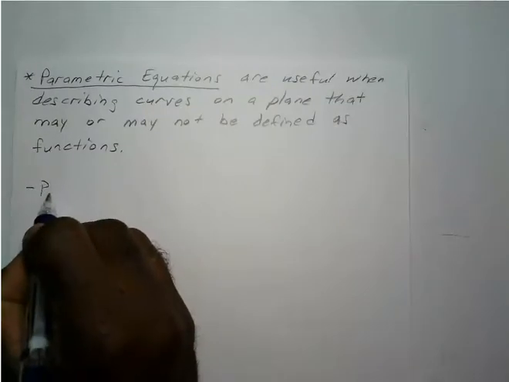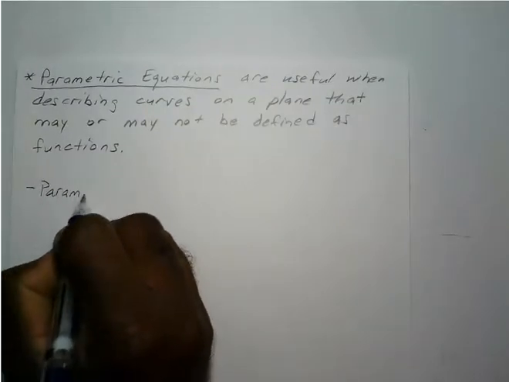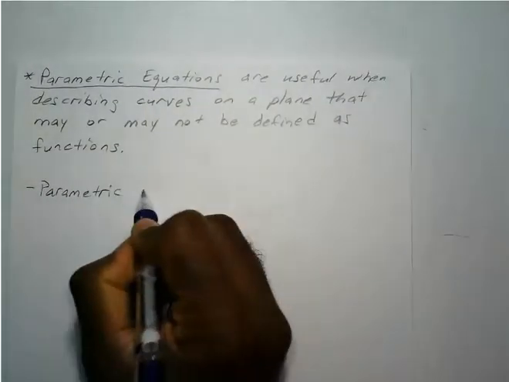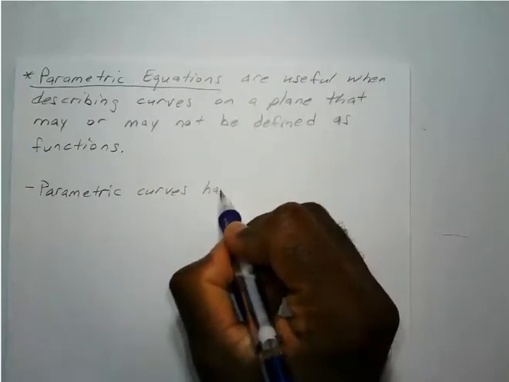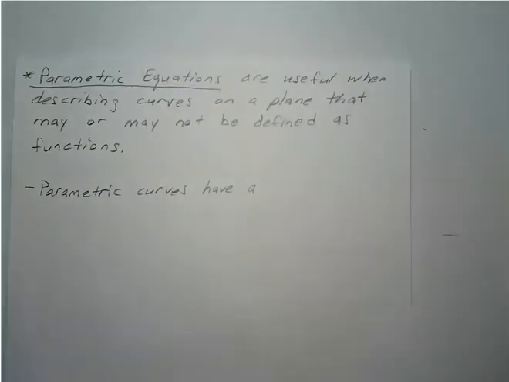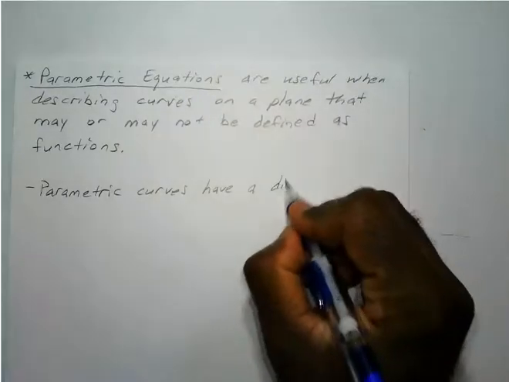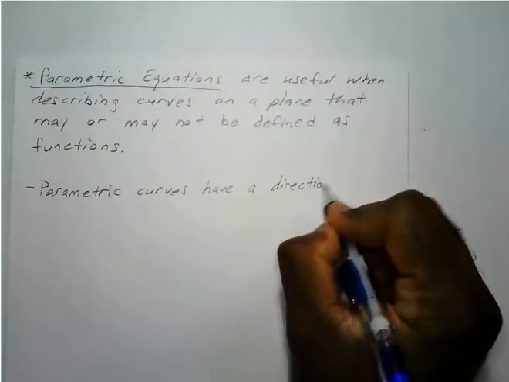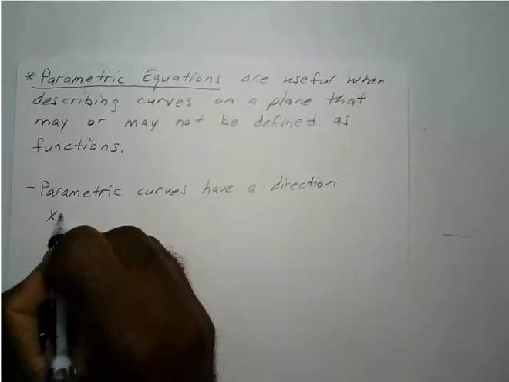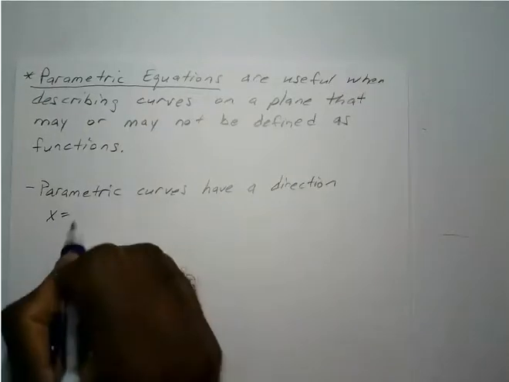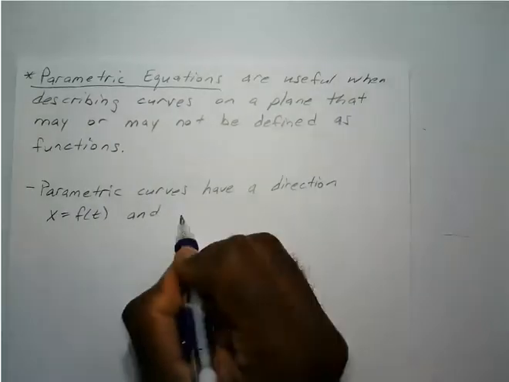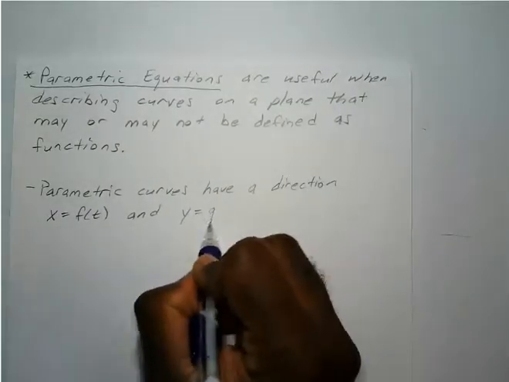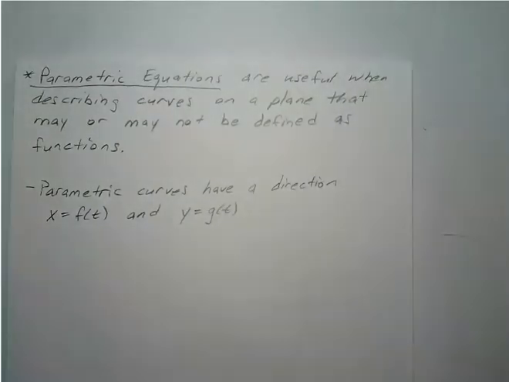One thing you should know is that parametric curves have a direction, where x, we change that to some function of t, and we do the same thing with y. y is equal to some function of t.